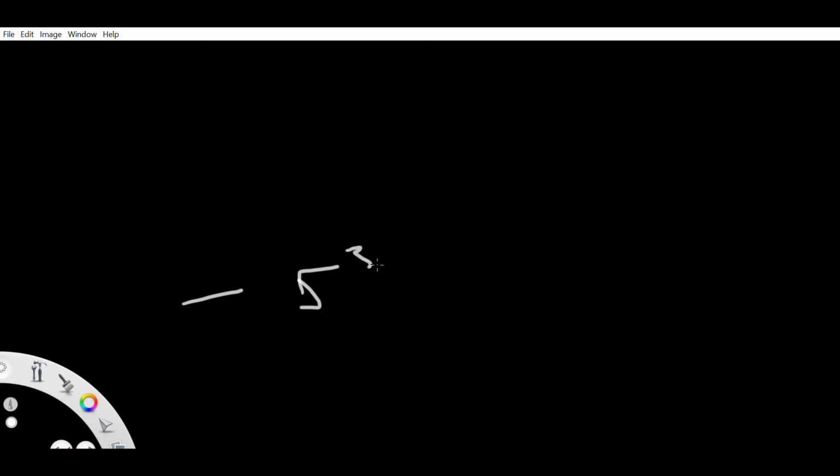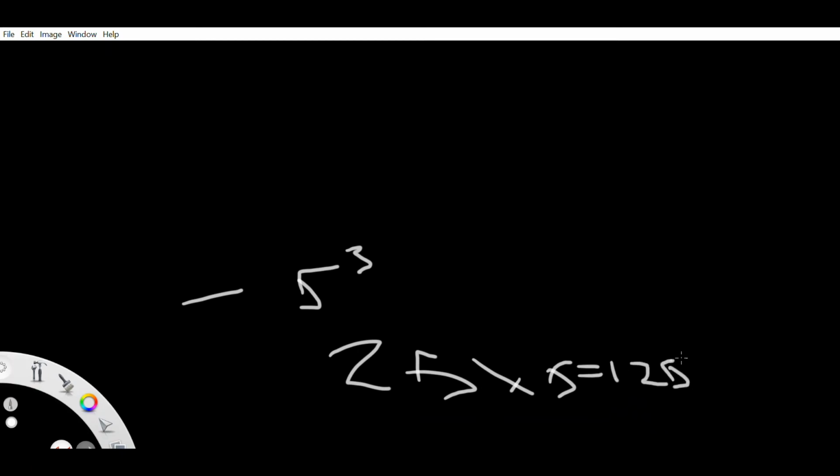Negative 5 times negative 5 would give you 25, which is positive. But 25 times negative 5 would give you negative 125, since the third 5 is also negative. So it's basically negative 5 times negative 5 times negative 5.